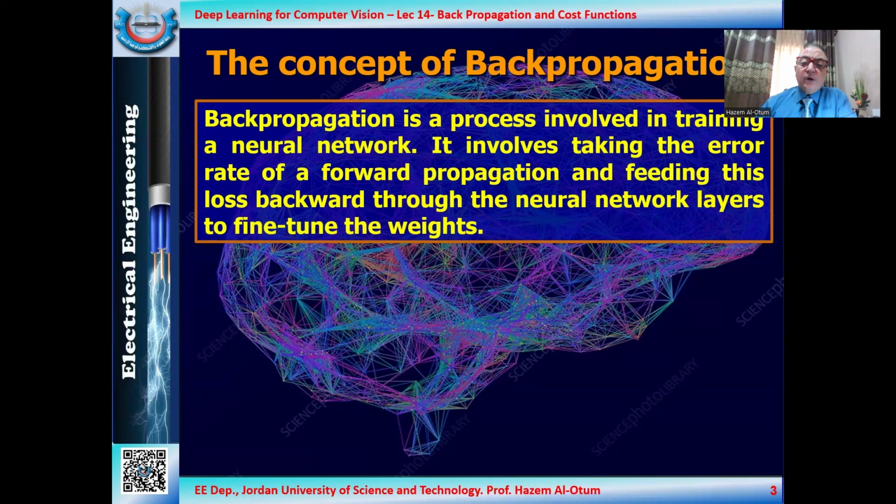It also involves taking the error rate. When you apply the input and get the output, this is the forward propagation. When you get the output and you want to update the weights and the hyperparameters in the system, you need to propagate back toward the input by finding the error rate from the forward propagation. When you have a high error rate, you modify the values and see what the output will be.